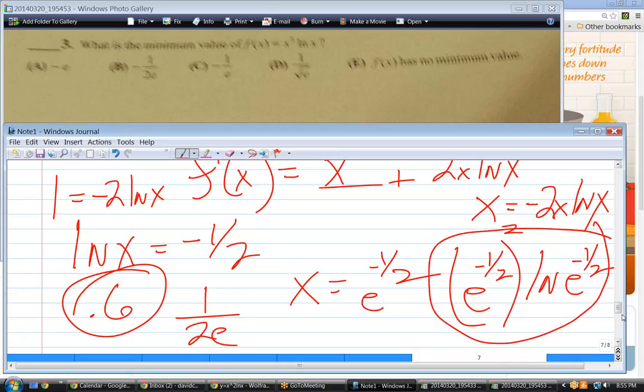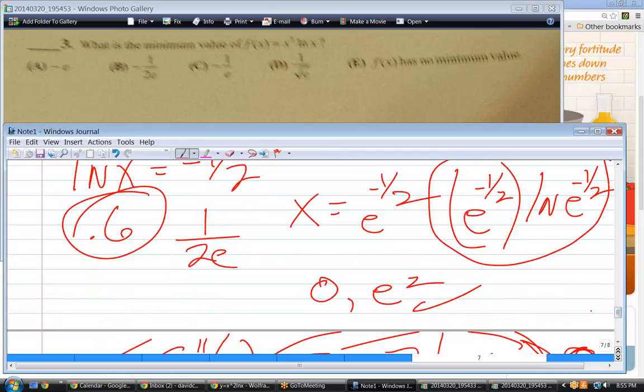And that is, well, natural log of e to the minus 1/2 is minus 1/2. So we get minus 1/2 over the square root of e. It's missing the square root.